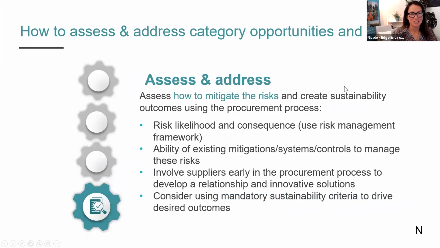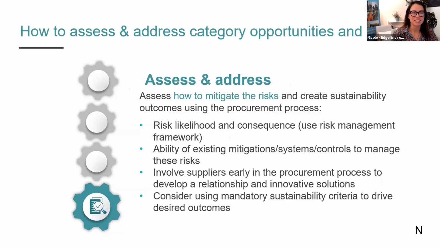So lastly is assess and address. You've understood what the issues are, you've prioritised them down into just two or three key sustainability objectives for that type of procurement. And again, hopefully once you've done this once, you only need to come back to it every now and then to refresh it if things change.